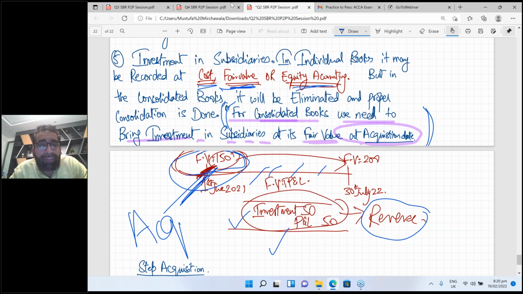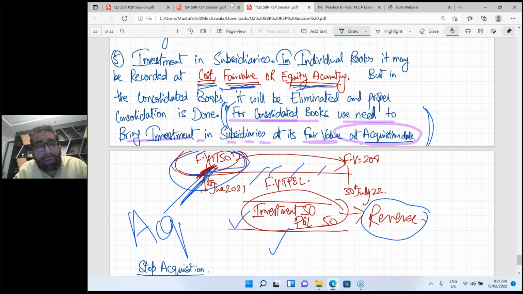This is the requirement of IFRS 3: if in the individual books of the parent company you are doing fair value accounting, whatever fair value changes you have booked after acquisition, you need to reverse them for the purpose of consolidated books.